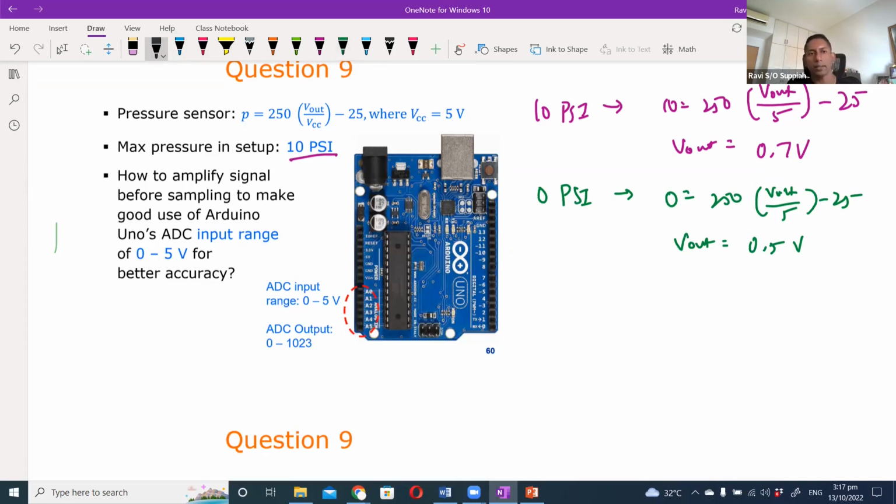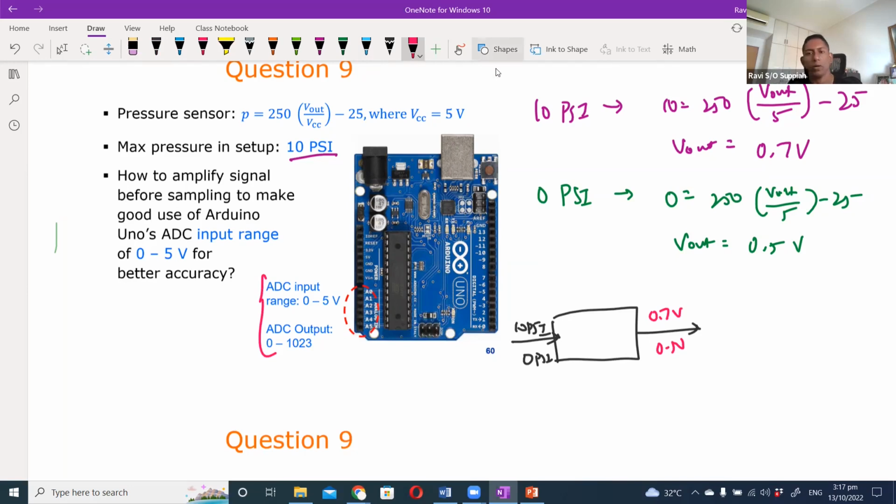Now imagine that I take this sensor where the range is 0 psi to 10 psi, and the output range is given, without anything, as 0.5 volt to 0.7 volt, and I try to connect it to my ADC. What would happen?